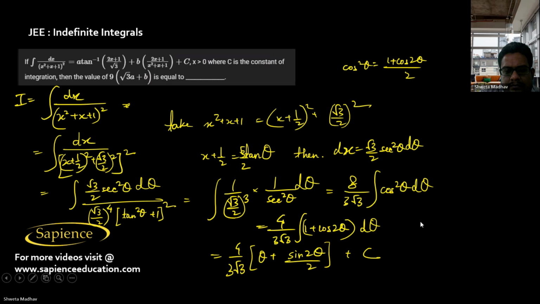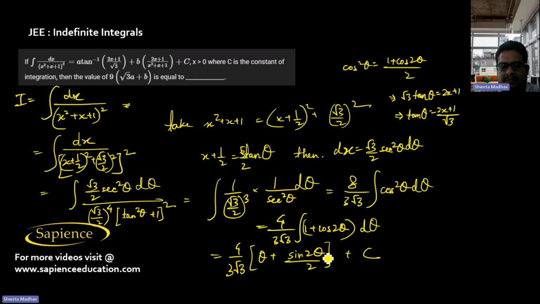Now from here you can see that root 3 tan theta will be equal to 2x plus 1 if we multiply by 2 on both sides. So then tan theta will be equal to 2x plus 1 by root 3, and theta will be tan inverse of that.